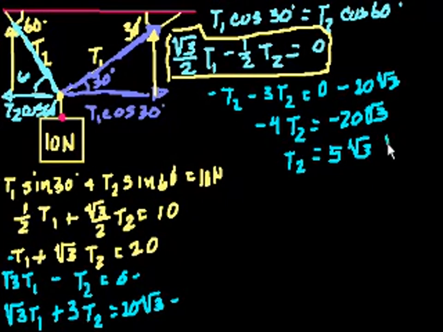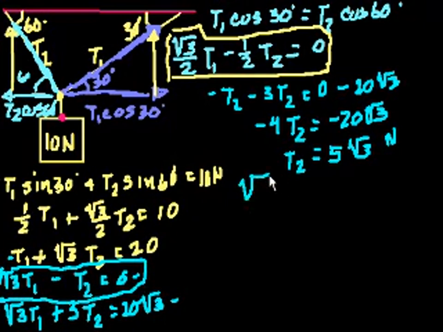Newtons. So that's the tension in this wire. And now we can substitute and figure out T1. Let's use this formula right here because it looks suitably simple. So we have the square root of 3 times T1 minus T2. Well, T2 is 5 square roots of 3, so that is equal to 0.